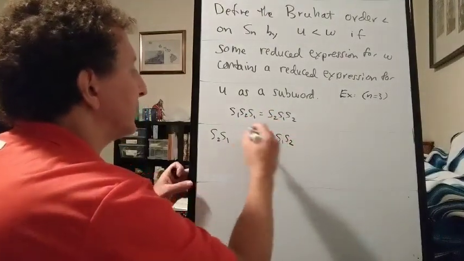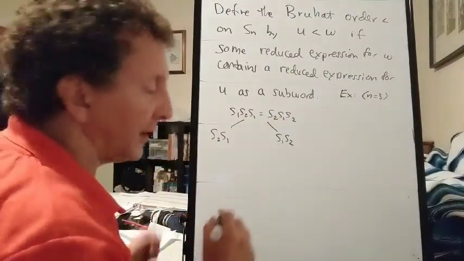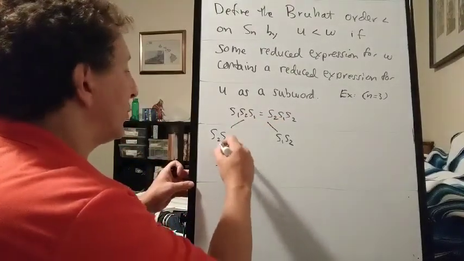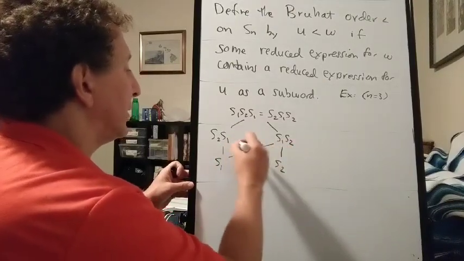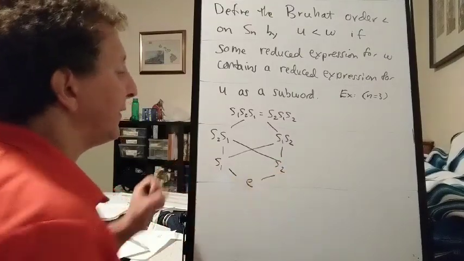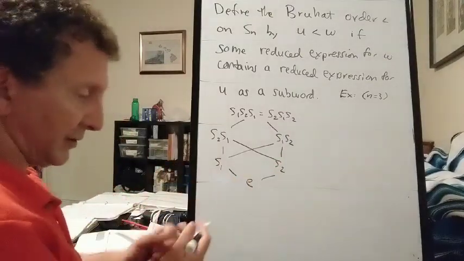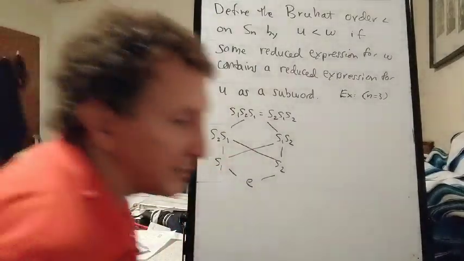S1, S2 is another subword. And then S1 is a subword of each of these. S2 is also a subword of each of these. And then the identity element, which is the empty subword, is a subword of both of those.